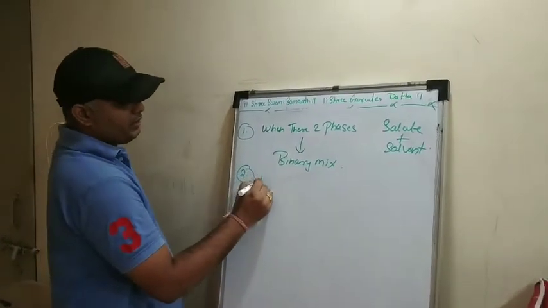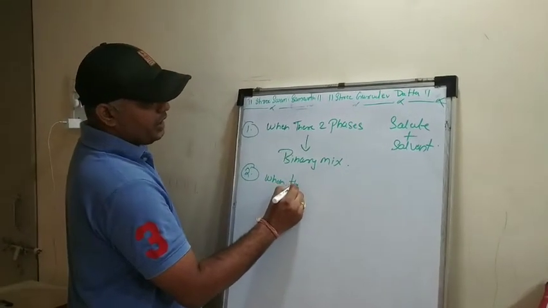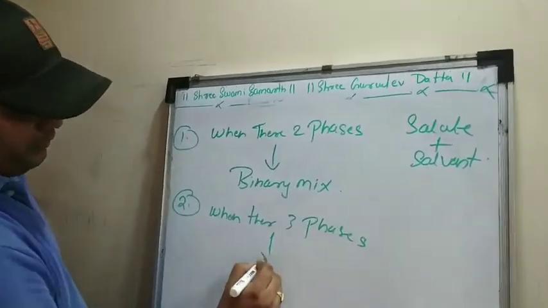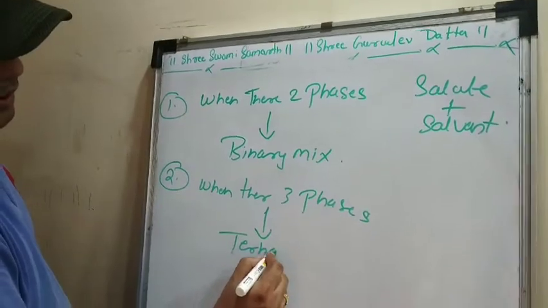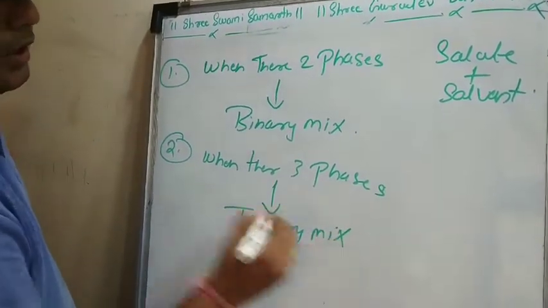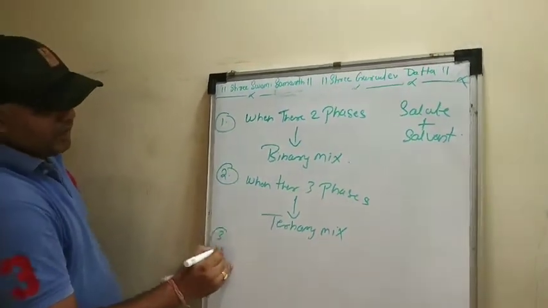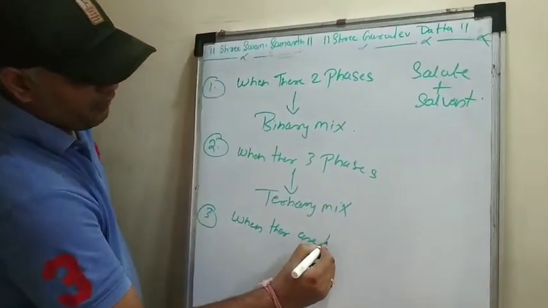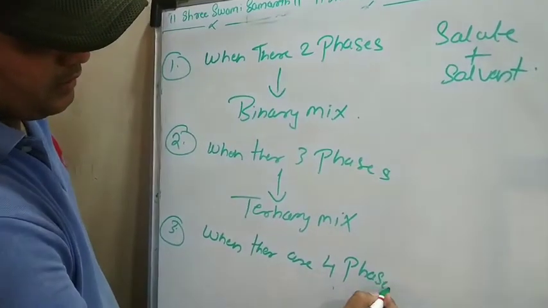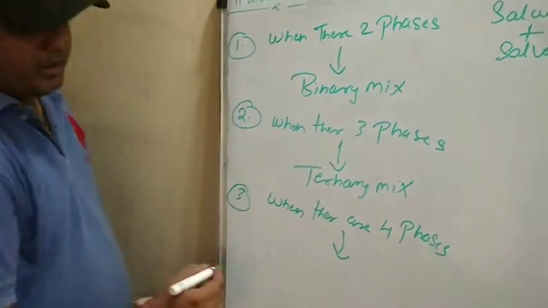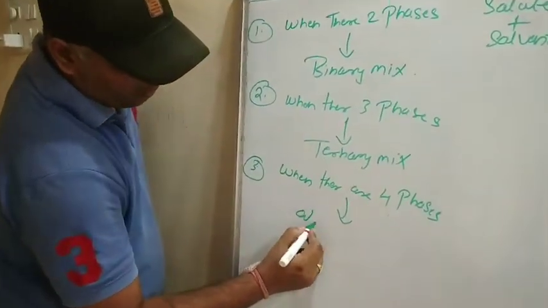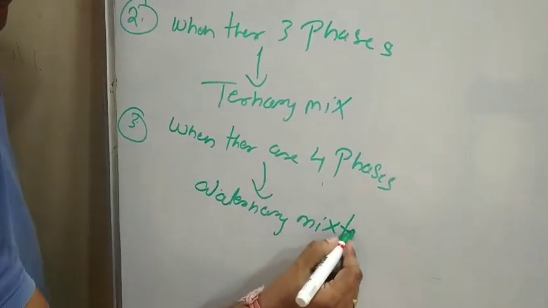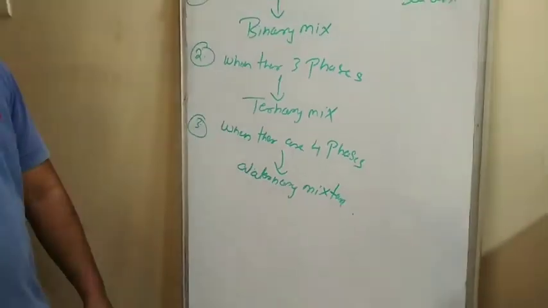But when there are three phases, we say it is a ternary mixture. Then when there are four phases, we say it is a quaternary mixture. So try to understand, my dear students.